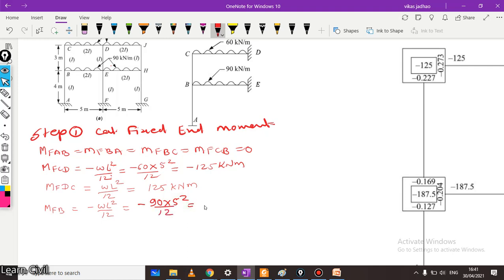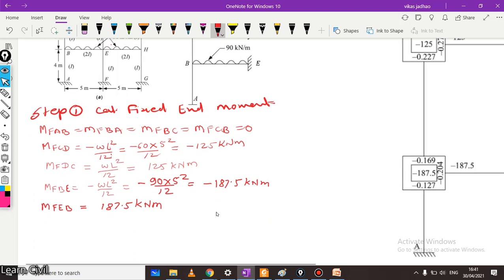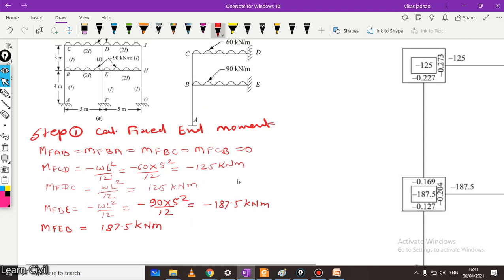So this will be equal to minus 187.5 kilonewton meter. Similarly, MFEB will be equal to plus WL square divided by 12, that is 187.5 kilonewton meter. This is how the fixed end moments are calculated.